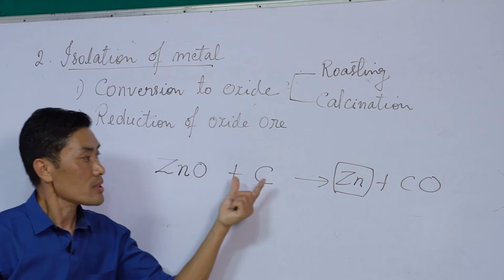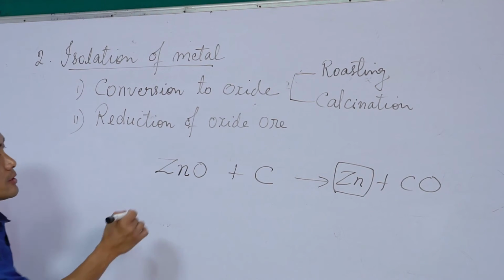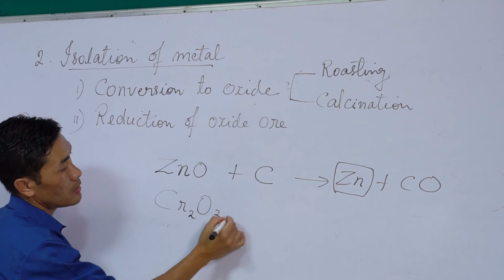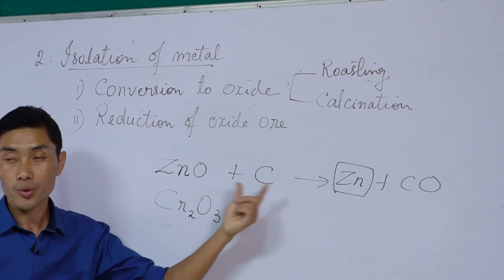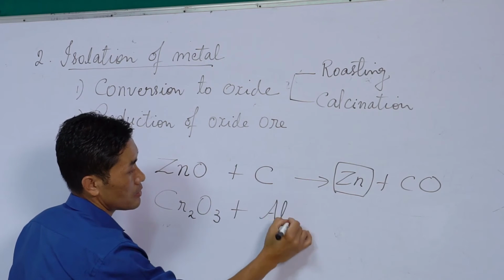Now, in place of carbon, we can use some other more reactive metals also, like aluminum. For example, chromium oxide cannot be reduced easily by carbon. So in this case, we use aluminum as a reducing agent.